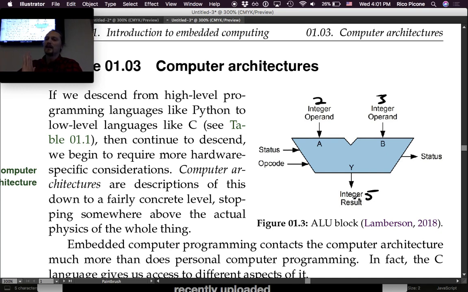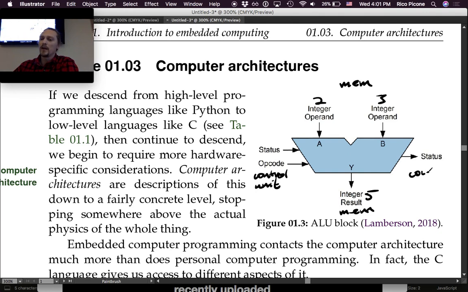But yeah, it's usually embedded into that. So this is coming from memory and going back to memory, whereas this is coming from the control unit, and the status is being returned to the control unit.